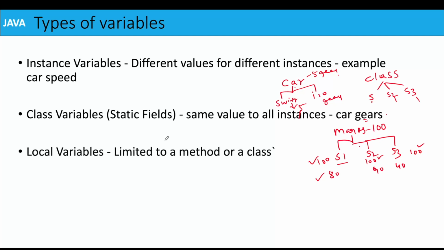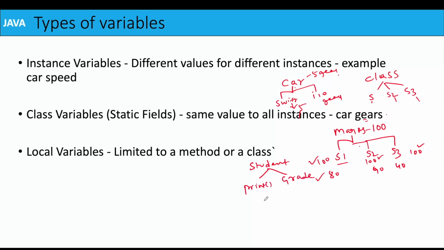In addition to this, we also have local variables. Local variables are limited to a particular class or a particular method. For example, let us assume I have a student class with two methods: a print method and a grade method.